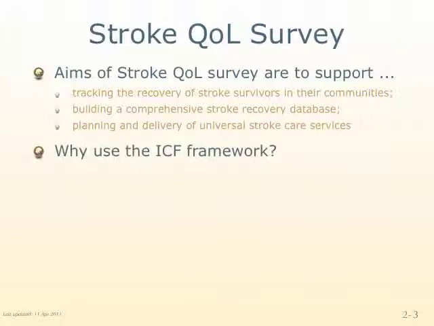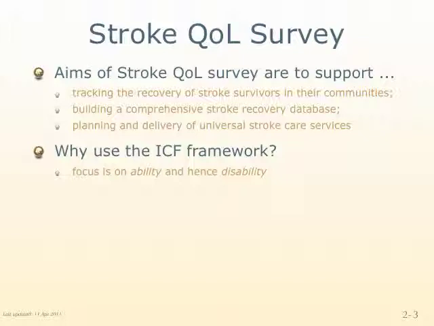And the Stroke Quality of Life Survey should be based on the ICF framework because it focuses on the abilities and hence the kinds of physical, mental, cognitive, communication and behavioural disabilities experienced by stroke survivors.